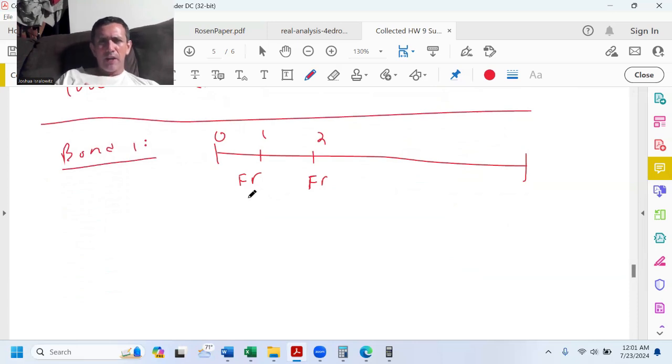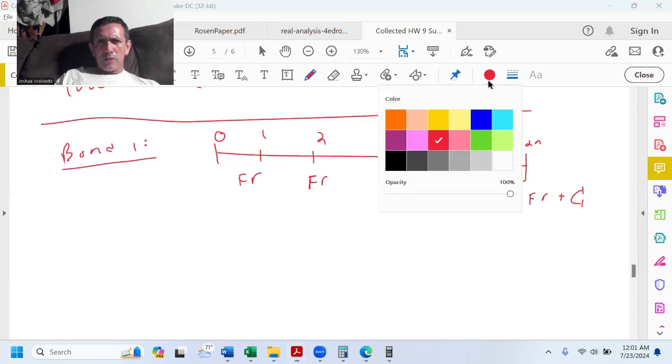So let's say F is my par value, really the same thing as my face value. So we get redemption of C, which possibly is different than face value. We don't know, we don't really care at this point.